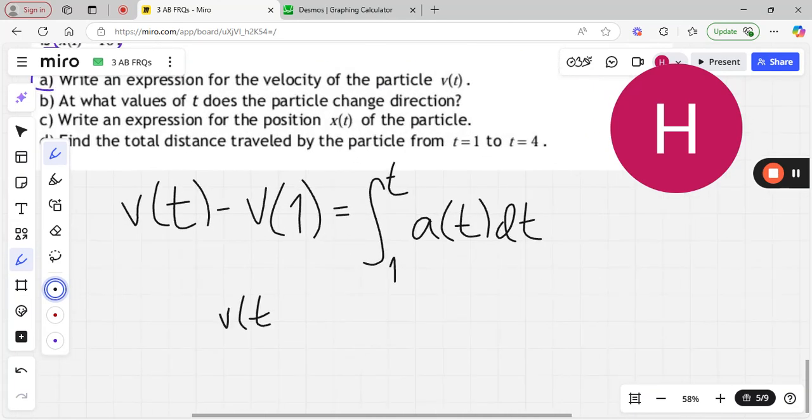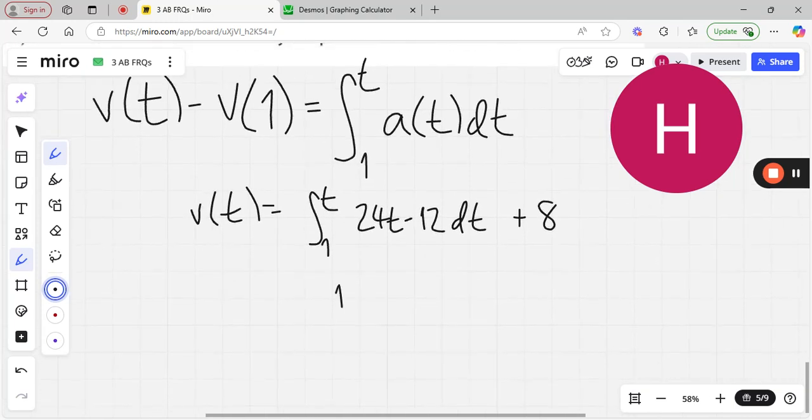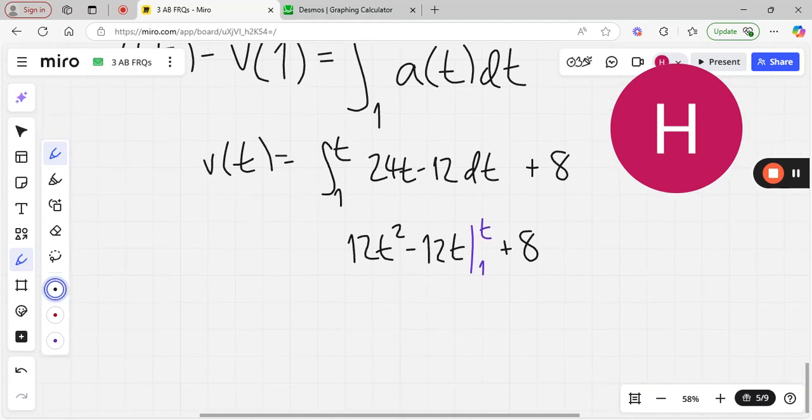So v(t) is equal to this integral of 24t minus 12, and then plus 8, because we add the initial condition on the other side, v(1), and we're given that that is 8. Now, this antiderivative is very easy. And the fact that it goes from 1 to t makes it even easier, because this is going to be 12t squared.